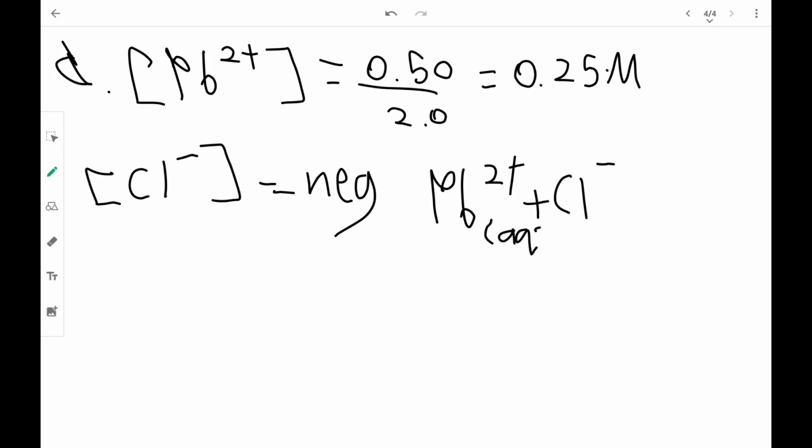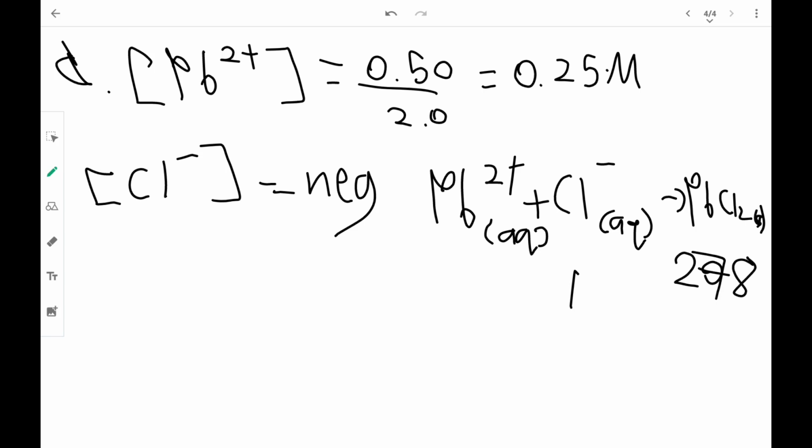Okay, aqueous gives us PbCl2 solid. Let's start by writing the given. So there is 1 mole, and the molar mass of PbCl2 is 278.